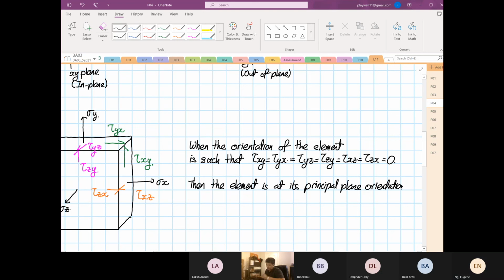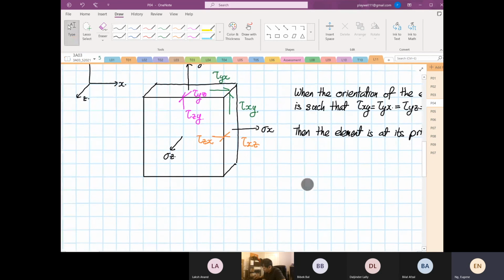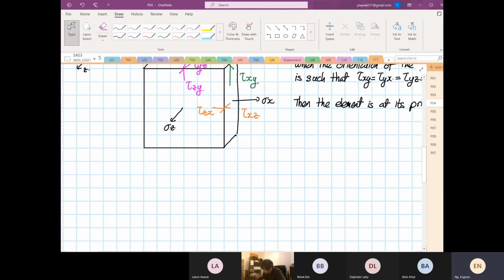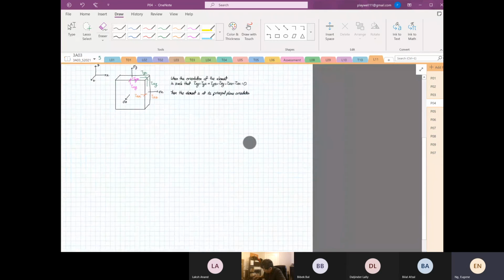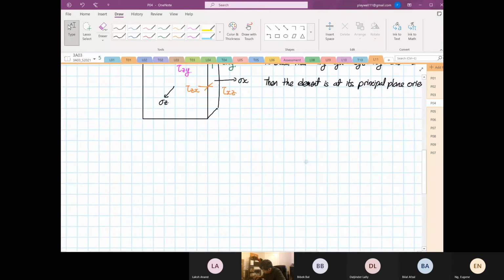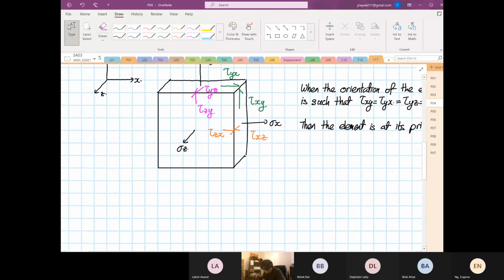So whatever condition that we're going to draw later on, there's no shear at all. So let's look at condition number 1.